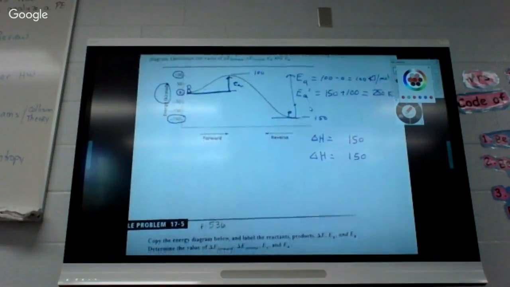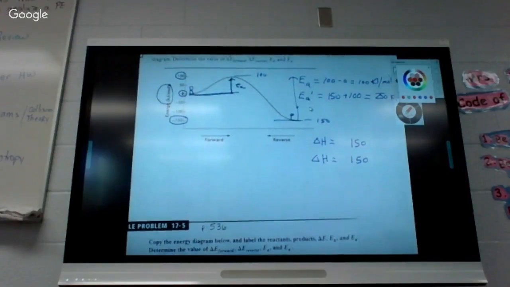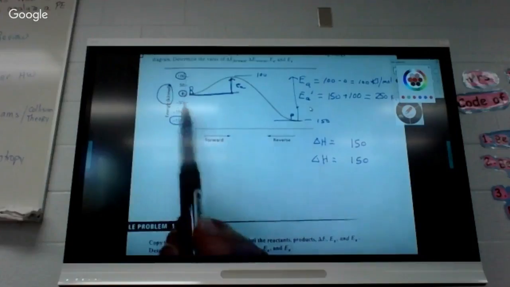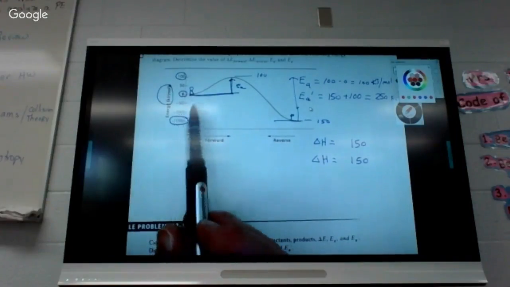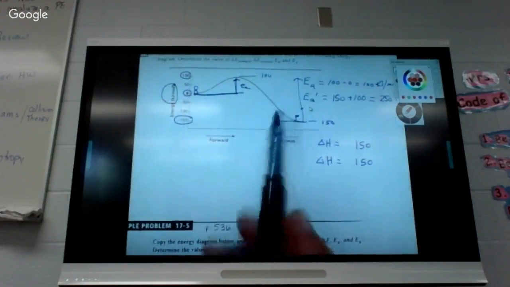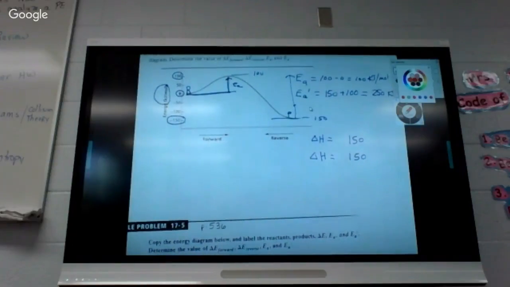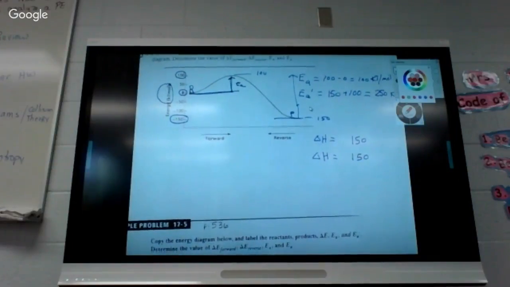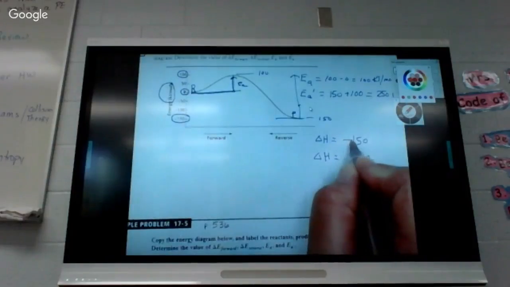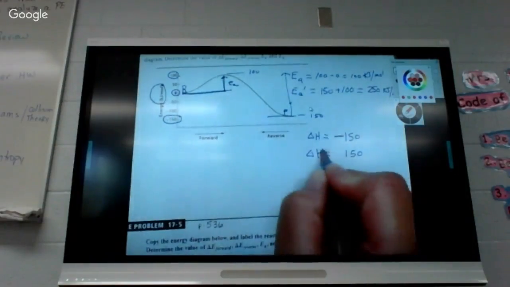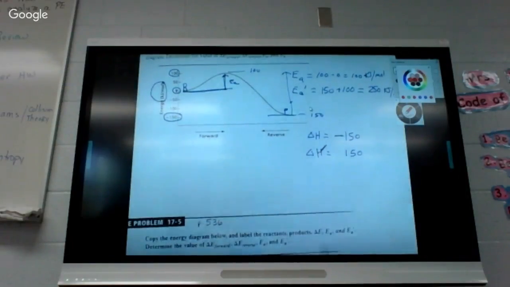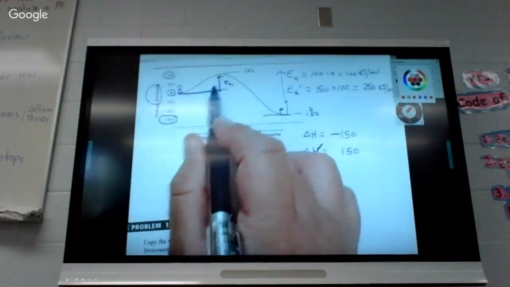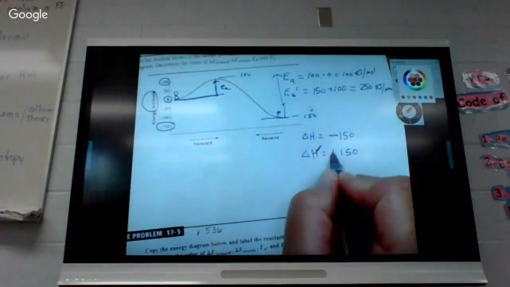Now, is this reaction endo or exothermic? If you've got 0 to minus 150, it's exothermic. So if it's exothermic, make it negative. The delta H reverse is endo, so make it positive.